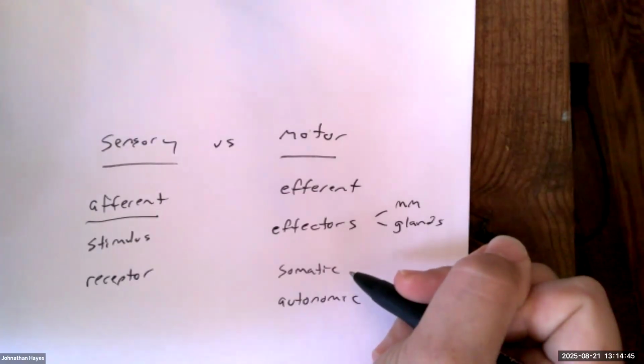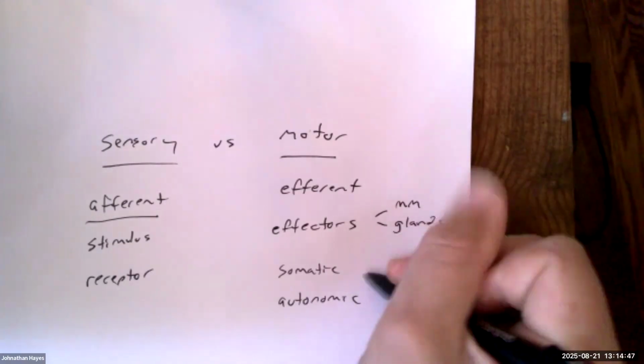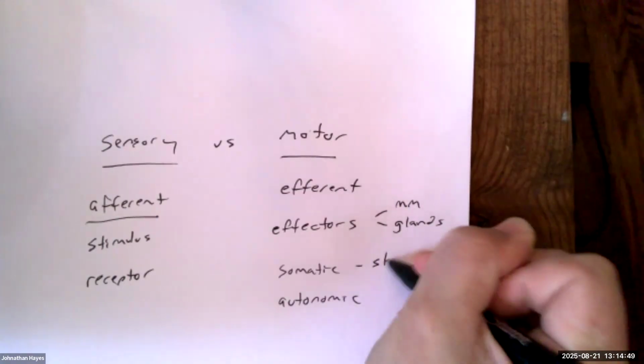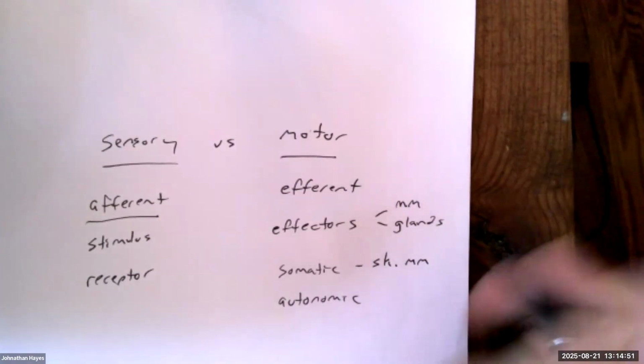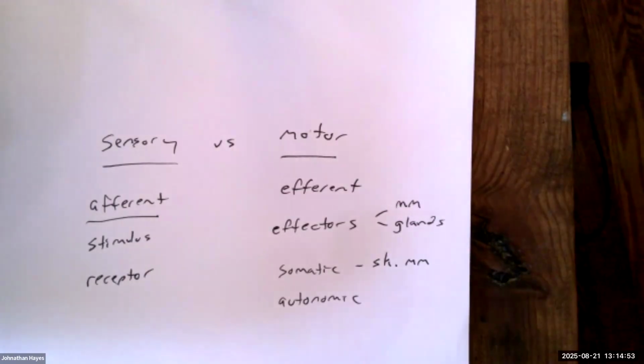And there's really only one thing we consciously control, and that's skeletal muscles. So skeletal muscles would receive signals from somatic motor neurons. So it's just a lot of terminology. Again, hopefully most of it's familiar terminology. And I will recap this with a very brief overview.